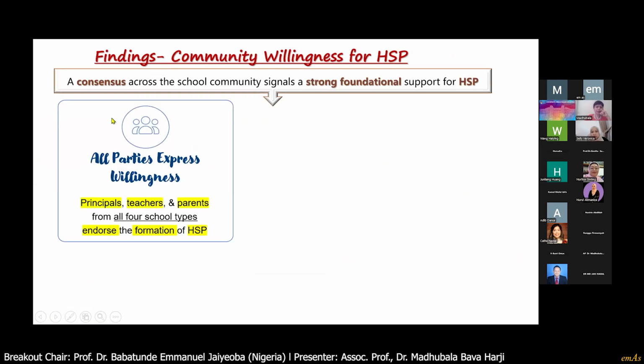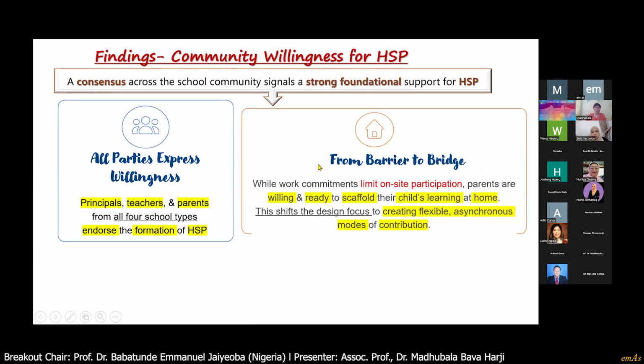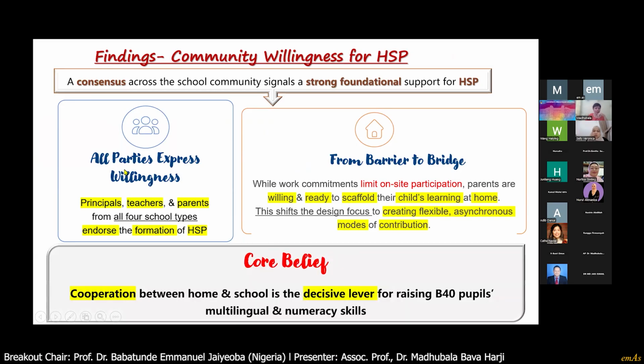What we found was there was a consensus across the school community signaling a strong foundation to support the homeschool partnership. All endorsed the formation of the homeschool partnership. However, because of work commitments, there was limitation on site participation for some parents, but they are willing and ready to scaffold the children's learning at home.